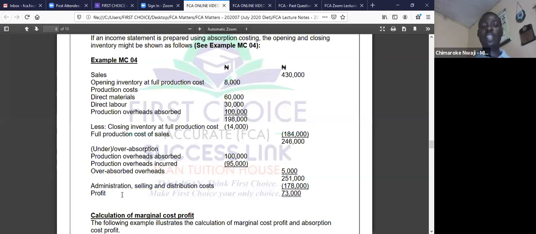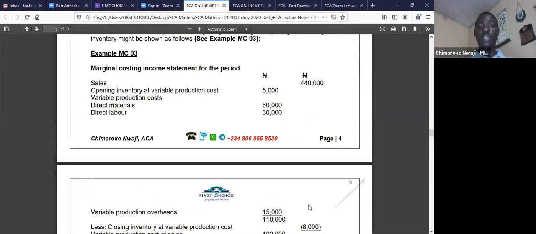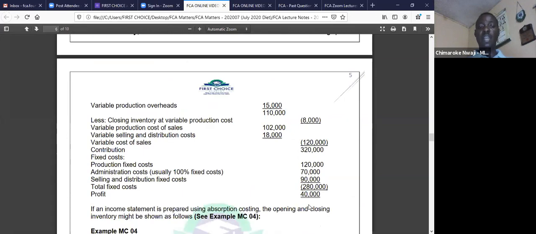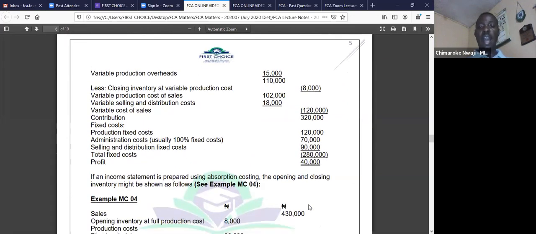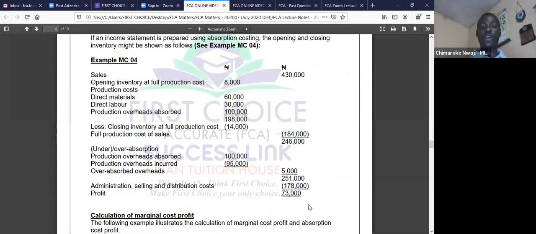But as long as admin and S&D are not production, they don't go into here. So we get 178,000 naira. Our profit becomes 73,000 naira. So can you see the difference in method in what we calculated using marginal costing and how we calculated using absorption costing?